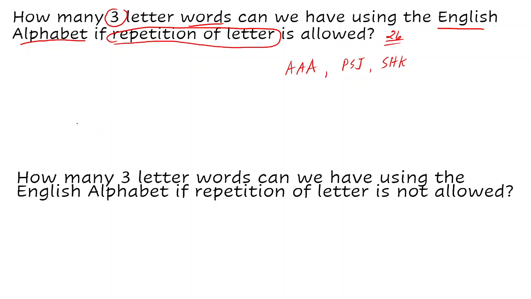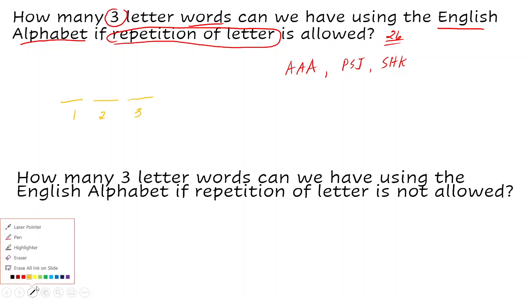In fundamental counting principle, ang ginagawa lang natin dyan, if you still remember, maglalagay tayo dito ng, since three-letter word siya, so we have 1, 2, 3, yung first letter, second letter, and then third letter. Then afterwards, ilalagay lang natin ilang letter ang possible na ilagay natin dun sa first letter. 26.